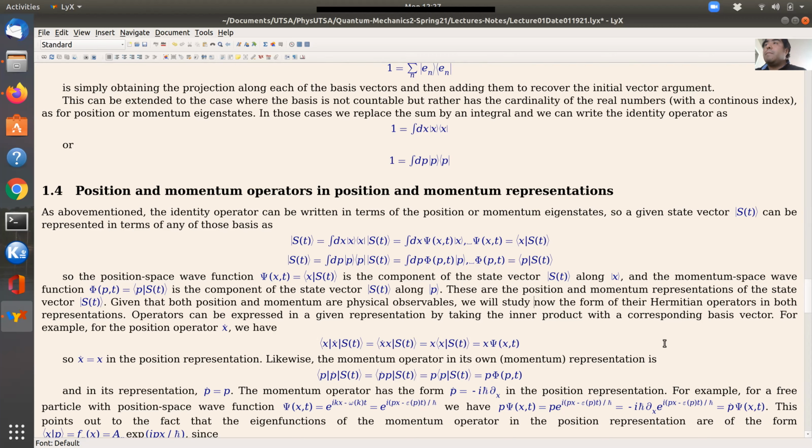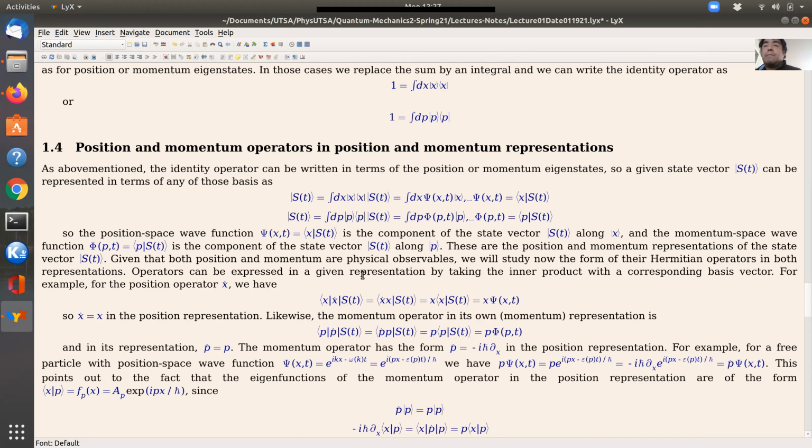It's just multiplying by the respective momentum, right? But it might not be as simple if you are in the other one. What is the form of the position operator in the momentum representation? And what is the form of the momentum operator in the position representation? That's the thing to study now.